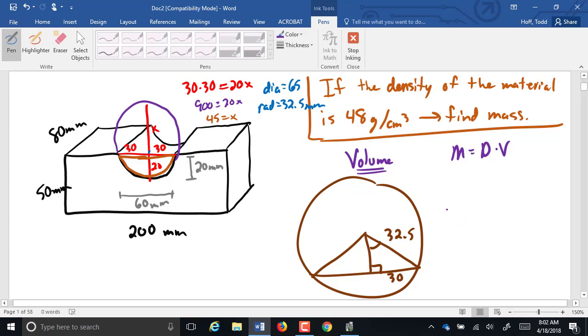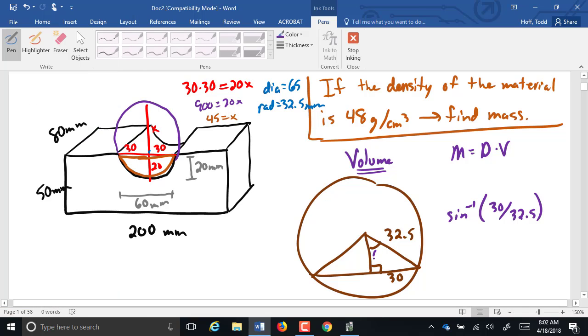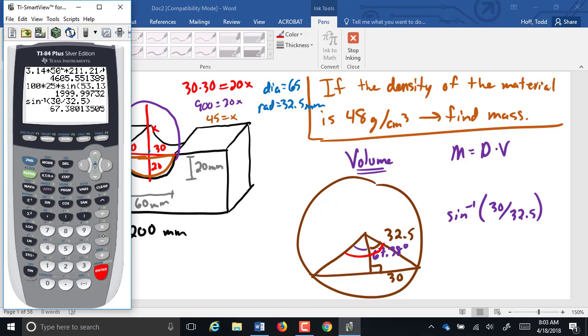That angle, we have opposite hypotenuse, is going to be the inverse sine of 30 over 32.5. 67.38. That makes this also 67.38, which makes that whole angle 134.76.